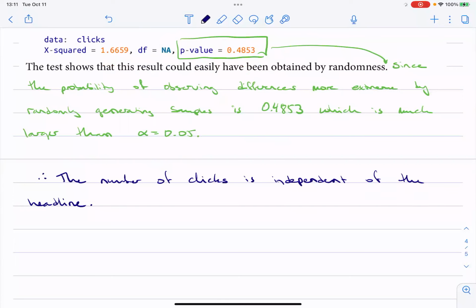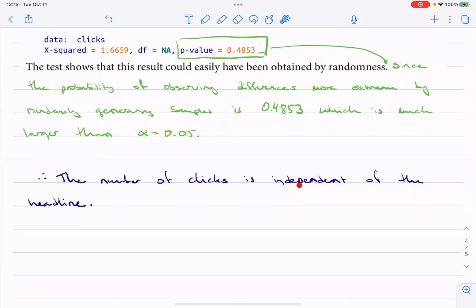That's good to know, right? Especially if you're running this and headline A is a prototype. I don't know, maybe you're going to spend a ton of money on headline C, but now you've figured out that actually doesn't matter. So then you can save money that way, right? I don't know what the scenario would be, but now you can say that these headlines are independent of the clicks and vice versa.